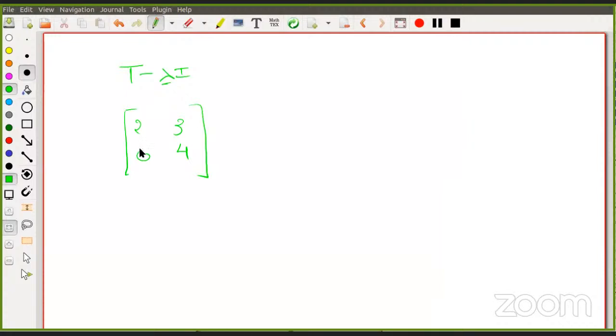Because it's an upper triangular matrix, it seems pretty trivial. If you subtract either 2 or 4 from the diagonal of this matrix, so 2 times the identity matrix subtracted from this, or 4 times the identity matrix subtracted from this, you're going to have a column of zeros or a row of zeros.